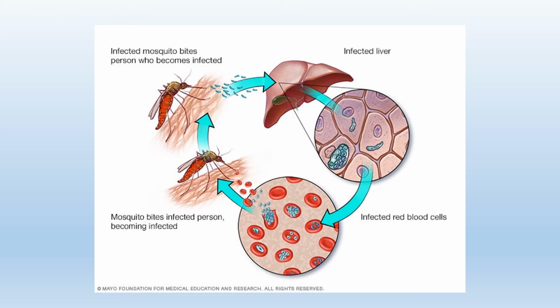And in October of 2021, the World Health Organization approved the first vaccine against malaria. Now, it's not a great vaccine, but it reduced infection in children by 30%, which is significant when you consider how deadly this disease is in children.